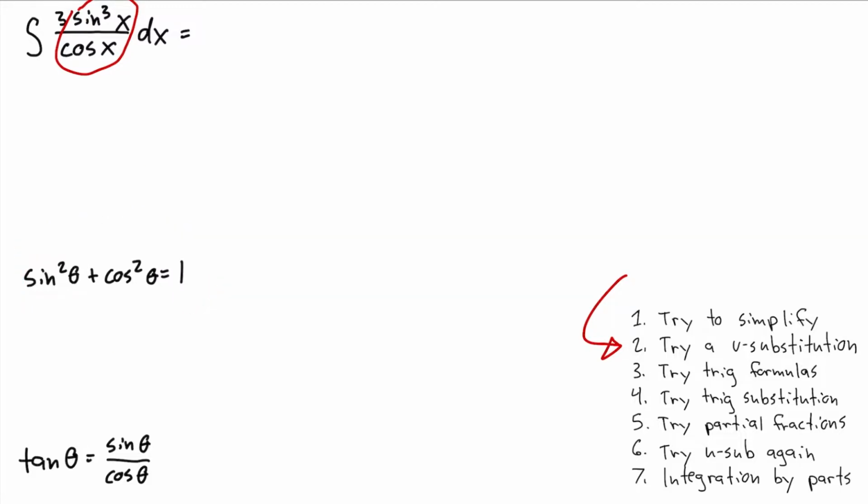And if you notice, on the top we have sine cubed of x. We can take 2 of those sine of x's and convert them into something else that'll make it easier for us to use this formula. And of course, this 3 right here can be factored out with no problem at all. So let's go ahead and do that.